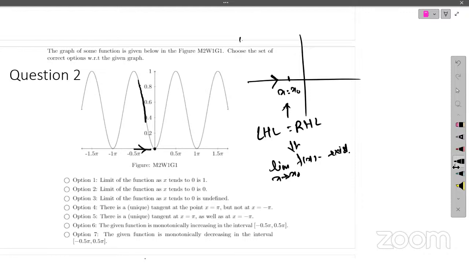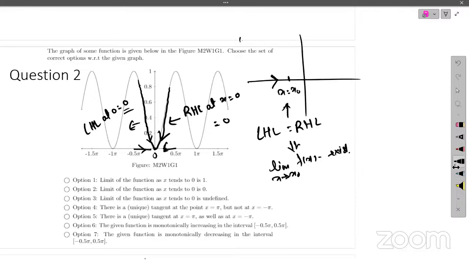So the left hand limit at x equals 0 is nothing but 0. Similarly, if you approach the point 0 from the right hand side, here also the graph is approaching 0, right? So the right hand limit at x equals 0 is the same, 0.